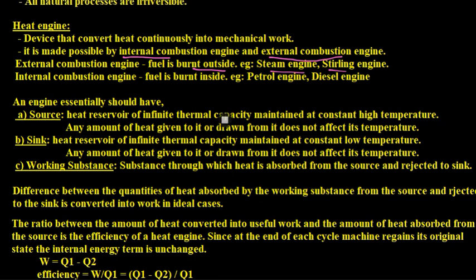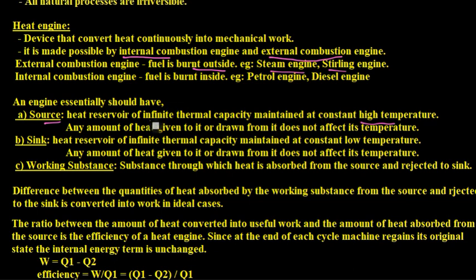So now let's see what are the essential components of a heat engine. An ideal heat engine essentially should have three parts. One part is called the source. The source is a heat reservoir of infinite thermal capacity maintained at a constant high temperature.